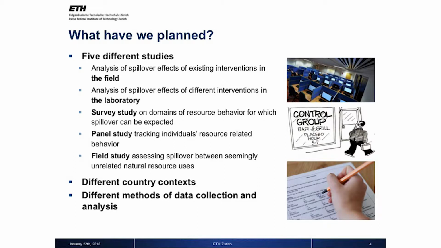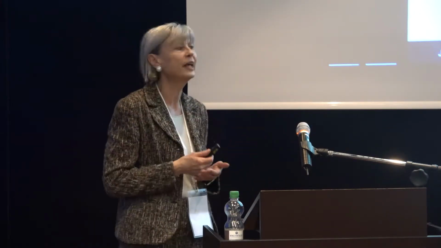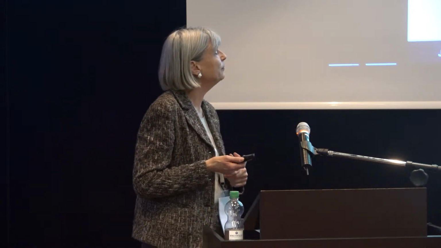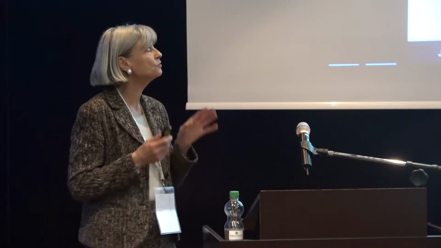Then we will also do a survey study on the question of how and which areas are connected in the perception of people. That means between which areas can we expect such spillovers, positive or negative ones. Then we will continue with a fourth study, which will be a panel study, tracking individuals' resource use behavior, and we will observe how people's resource use behavior changes if an intervention in one specific area is done.